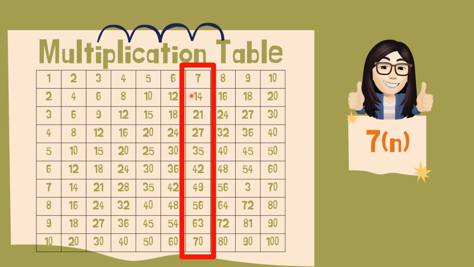How about 7, 14, 21, 27, 35, 42, 49, 56, 63, 70? In this sequence, the common difference is 7. So we are going to use 7n or 7 times n.